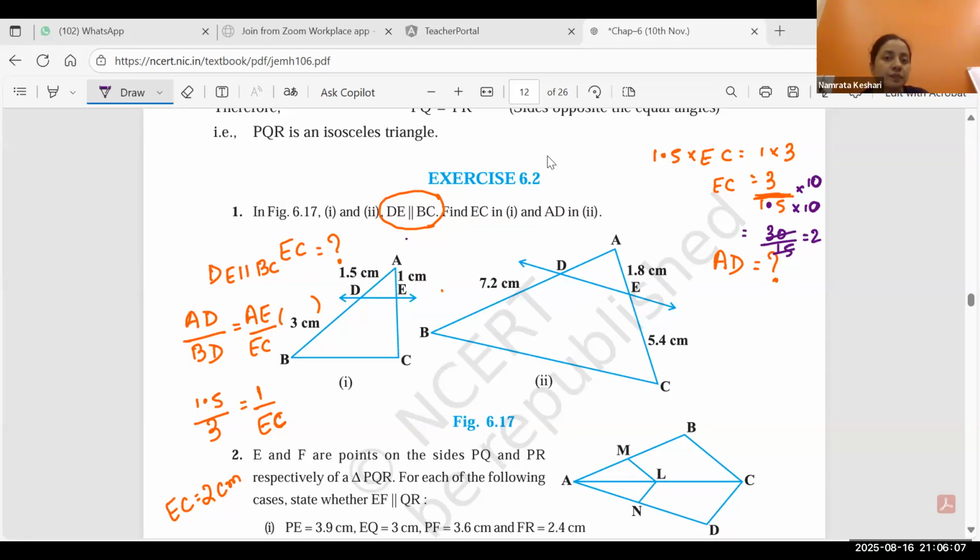Here also DE is parallel to BC. The moment you notice parallel, then you have to write the ratio same by the basic proportionality theorem. Okay, by basic proportionality theorem, if parallel, then the ratio will be same.